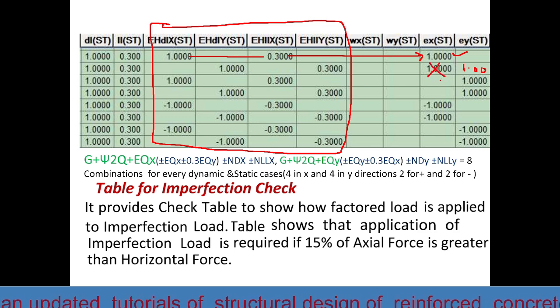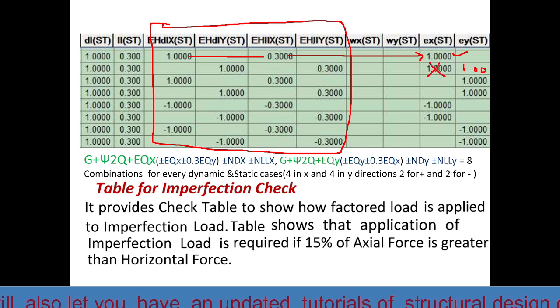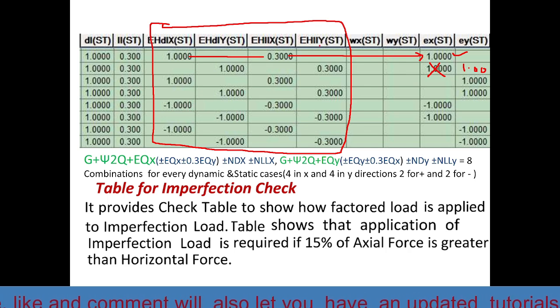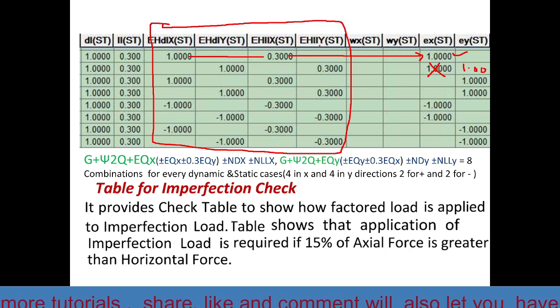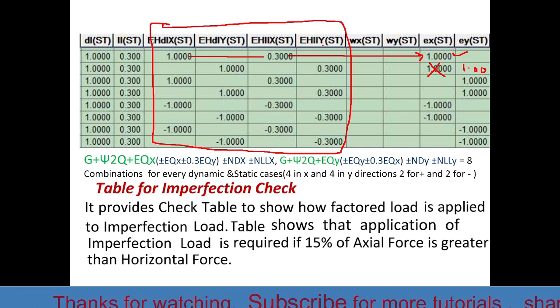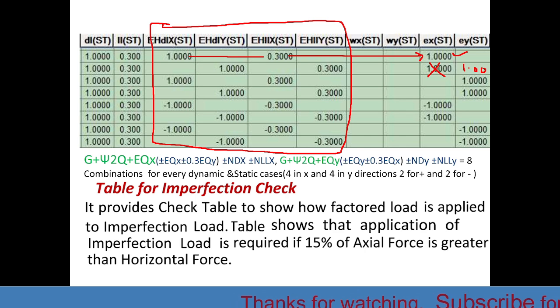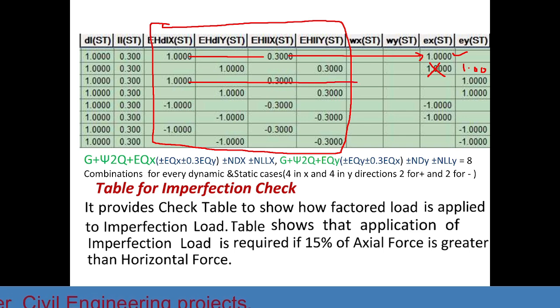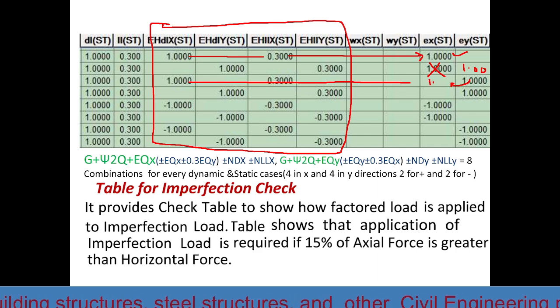This was written wrongly because the notional load must be applied in the direction which is parallel to the seismic load. And here this is also the x direction, and it has to come to here, that is 1.